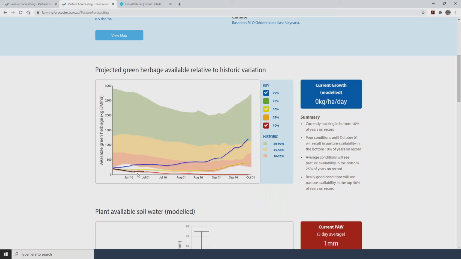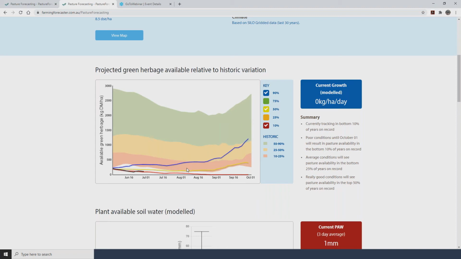basically the summary would be that the current pasture position, so this black line, as you can see, is sitting well below the red zone. So it's even down below the 10th percentile line here. These projection lines start on the tip of the red. So they start off in a very, very low position historically, and all three lines are fairly flat in their trajectory across the page.